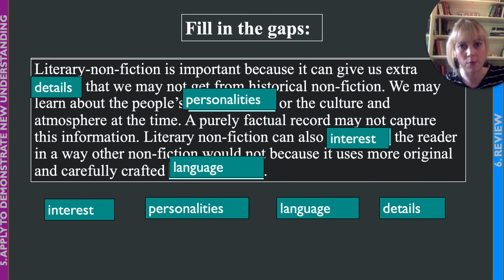What we learn from these are the real human impacts that these events have had on people.